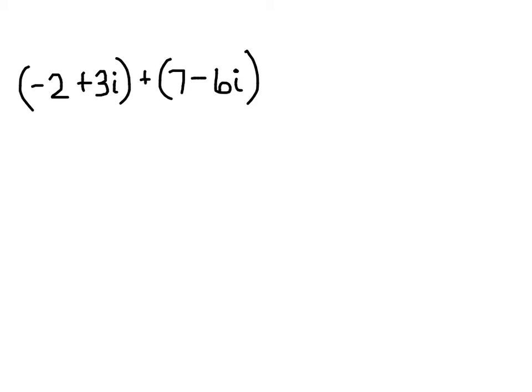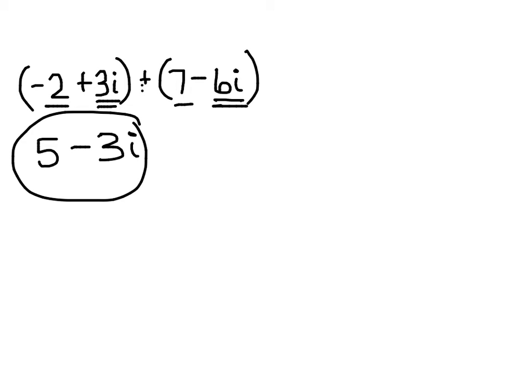So that just means I'm asking you to combine like terms. Don't mess that up. So negative 2 plus 7 is how much? 5. Awesome. And then what's 3i plus negative 6i? Negative 3i, because the negative was the higher value. And that's my final answer for that one.